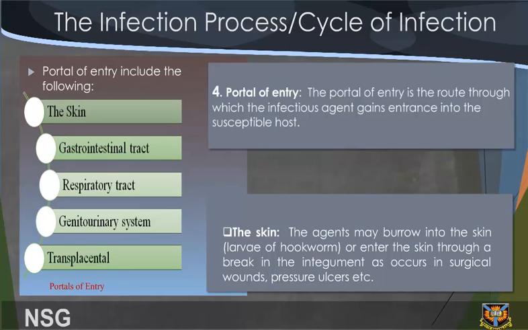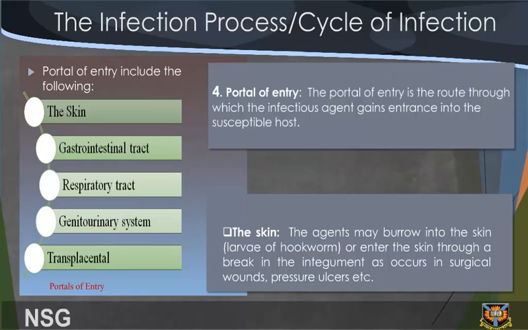Portals of entry include the following: the skin, gastrointestinal tract, respiratory tract, genitourinary system, transplacental. The portal of entry is the route through which the infectious agent gains entrance into the susceptible host.